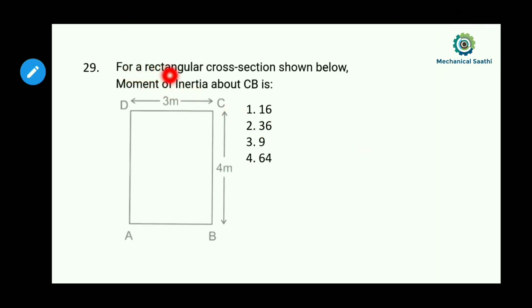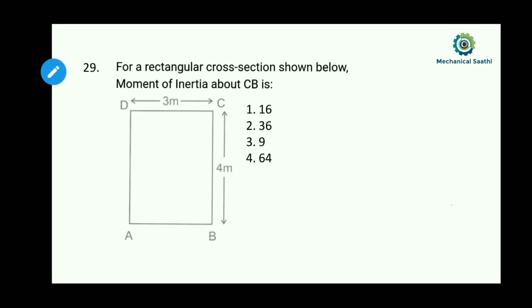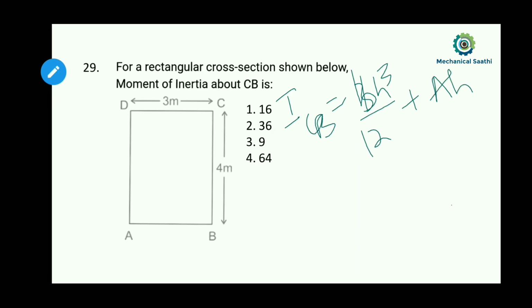For the rectangular cross section shown below, what is the moment of inertia about CB? About this line CB, we have to find out the moment of inertia. If we write the formula, I CB is equal to b h cube by 12 plus A h square.